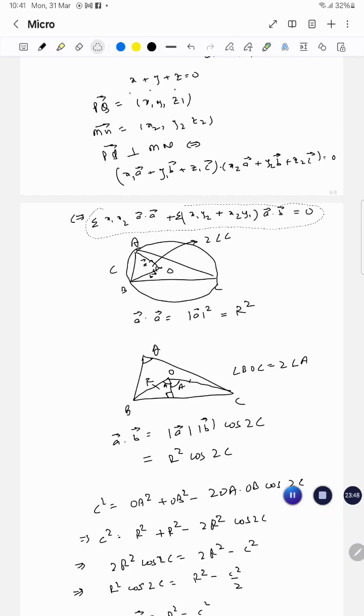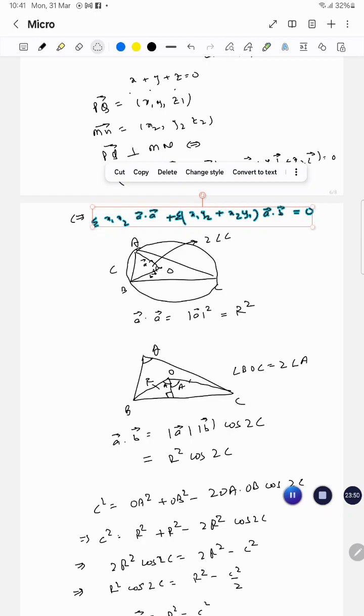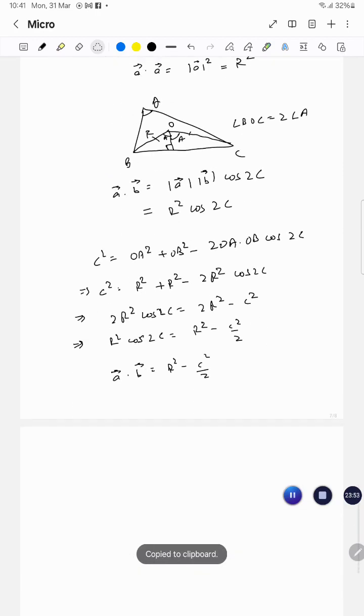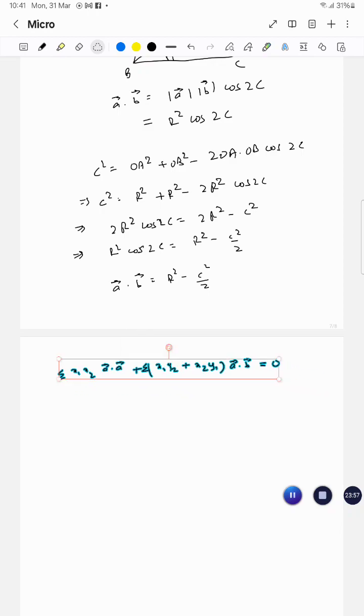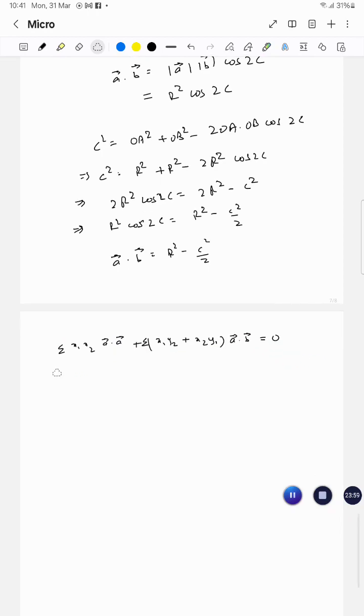So let us write this again. Summation of x1 x2 R square plus summation of x1 y2 plus x2 y1 times R square minus C square by 2 is 0.